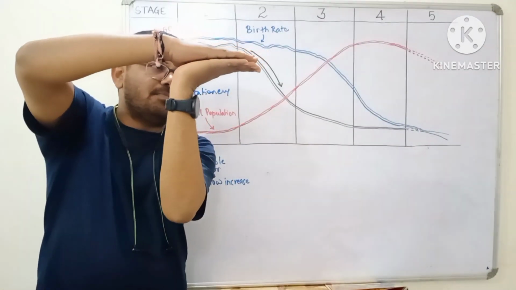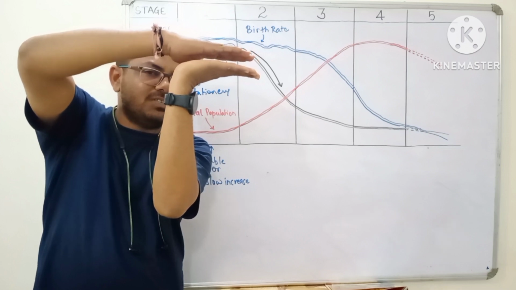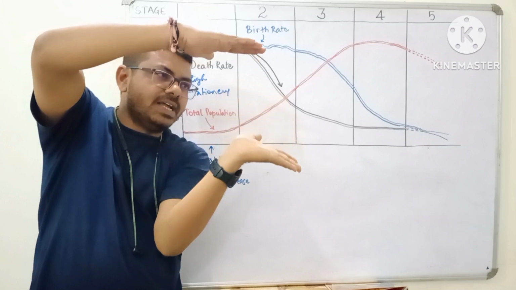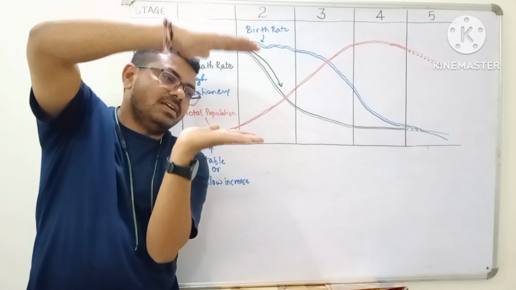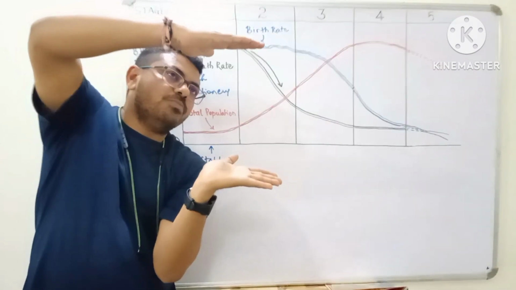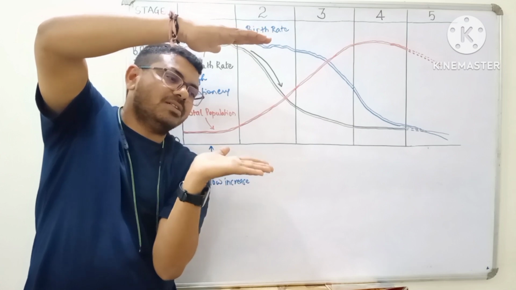But then what happened? Birth rate remains high, but because people and government have focused more on death rate, death rate has started declining. Now you see the gap between birth and death rate has increased, right? If death rate has started declining, birth rate remains high, death rate becomes low.